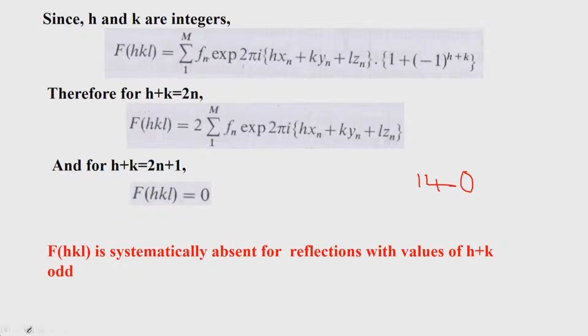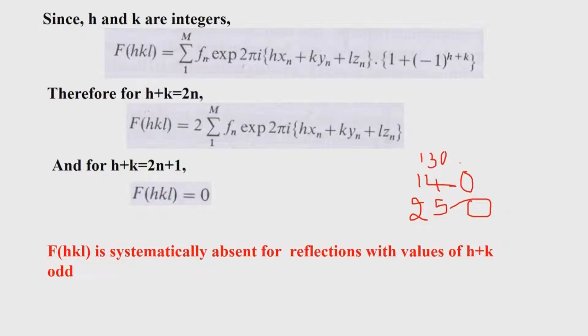Now, if we look at a reflection like 250, that will also be absent. If you look at something like 240, it will be present. A reflection like 130 will also be present. Now, why am I taking 0?